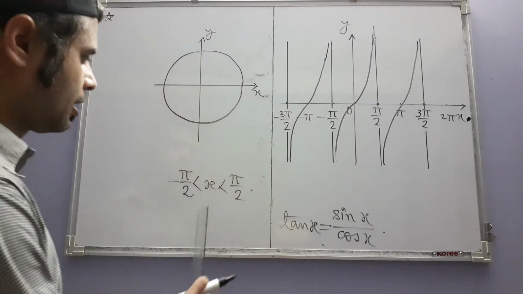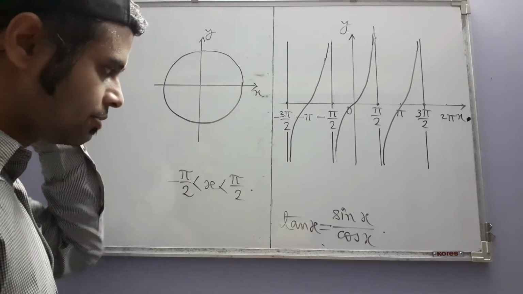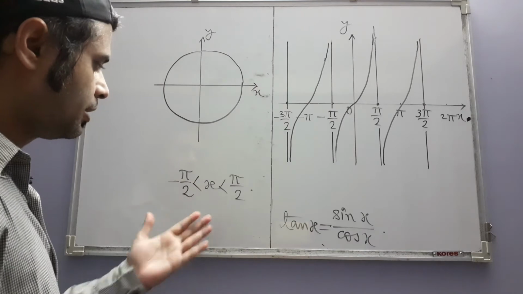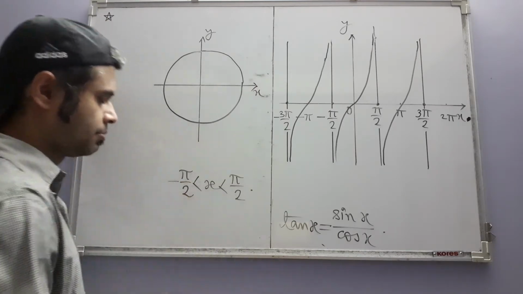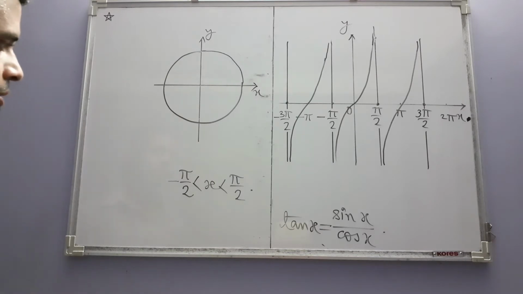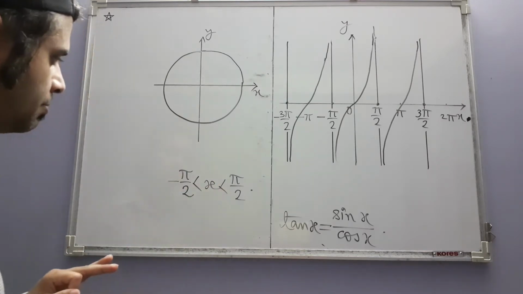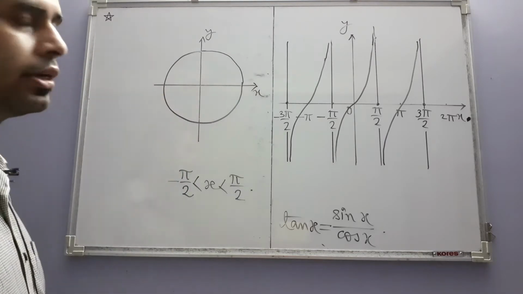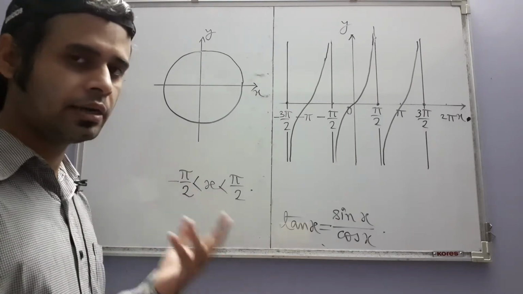Since we are not allowed to take these values themselves, minus pi by 2 and pi by 2, that's why we are considering strict inequalities. Okay, now when x lies in this interval, what does that correspond to here? I mean, x is the radian measure of an angle, right?